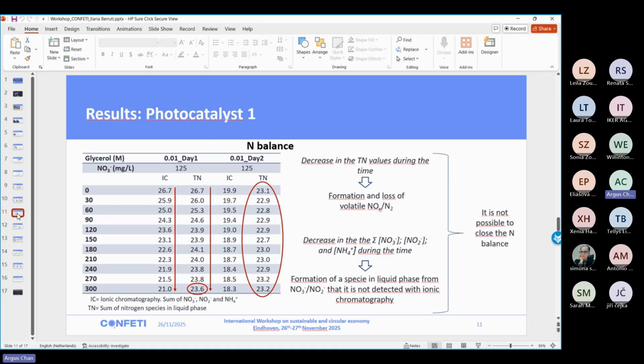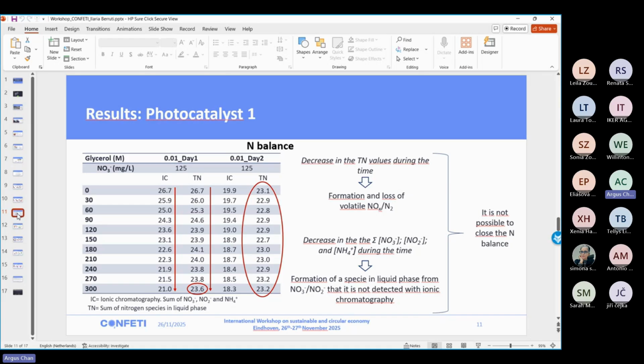If we compare the total nitrogen calculated as the sum of nitrate, nitrite and ammonium with the total nitrogen measured by the TOC analyzer, we can see that this value is decreasing compared to the sum of the species that are in the liquid phase. So there is a generation of another species from nitrate and nitrite that we cannot quantify, and this does not allow us to close the balance.